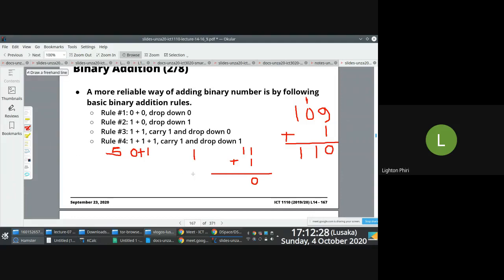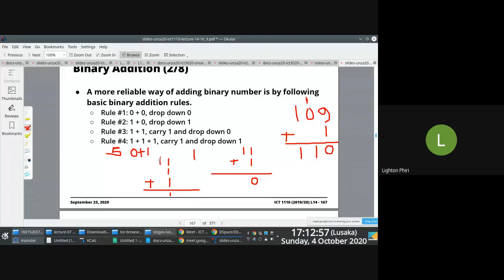This is what we mean by saying 1 and 1, we carry 1, we drop 0. If we're adding 1, 1, and 1, we drop 1 as part of the answer and then carry the other one to the next placeholder.